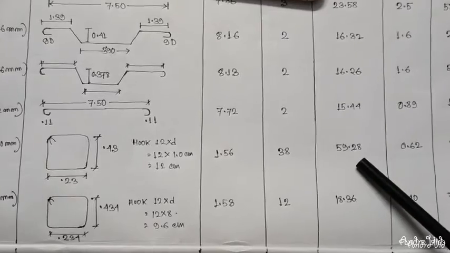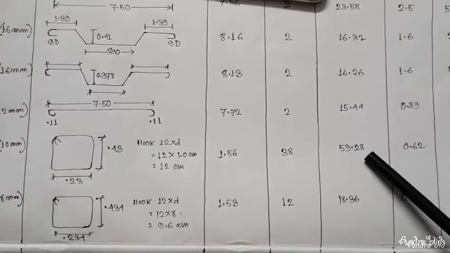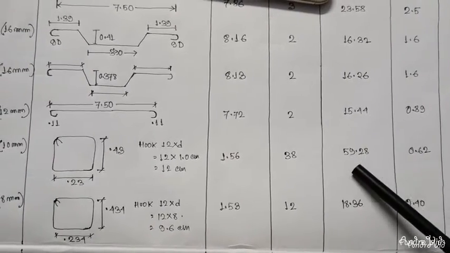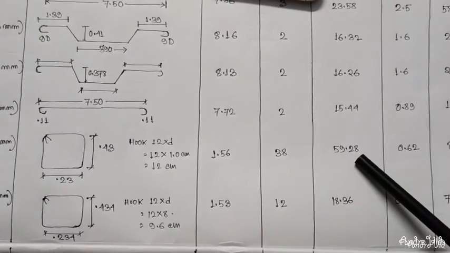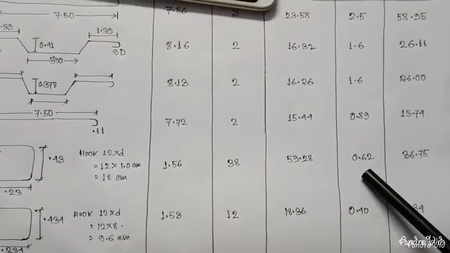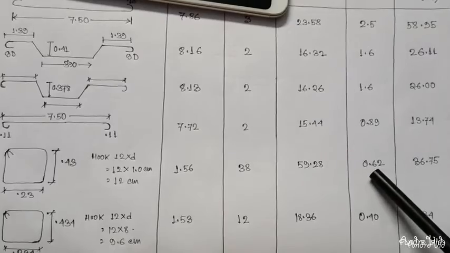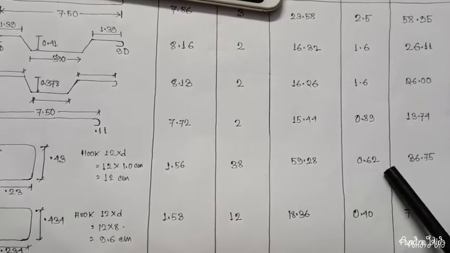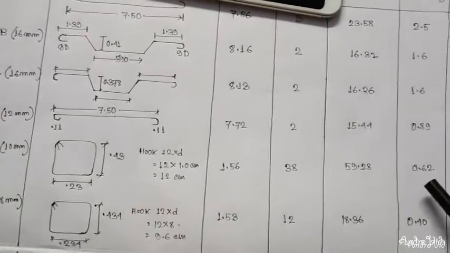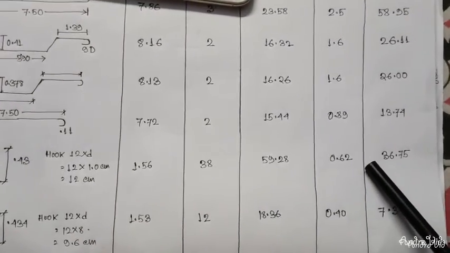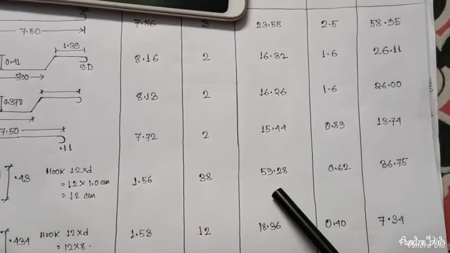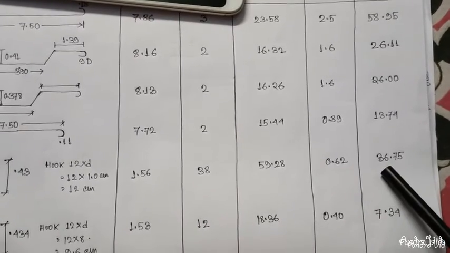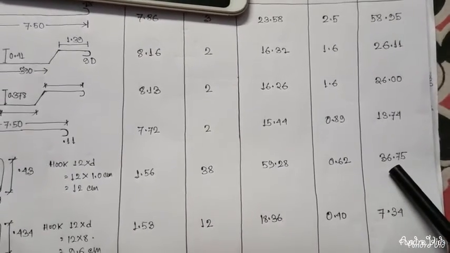So the total length of these 38 stirrup bars is 59.28 meter. The unit weight was also provided in our last video, and that is 0.62 kg per meter. So the total weight of type E stirrup bars, after multiplying the total length with unit weight, is 36.75 kg.